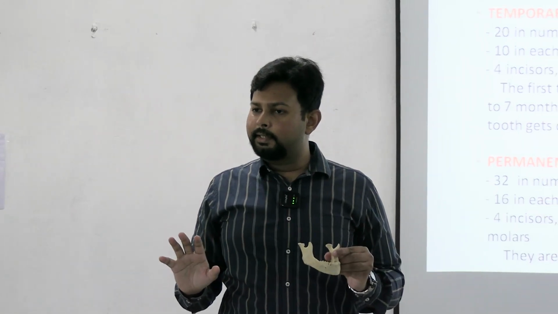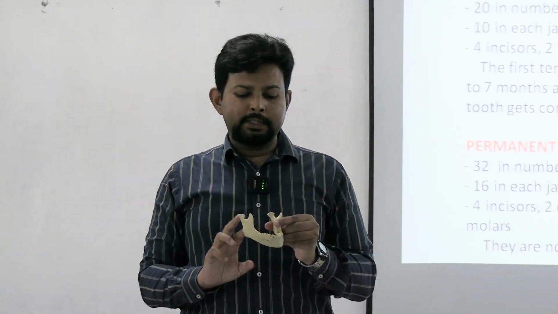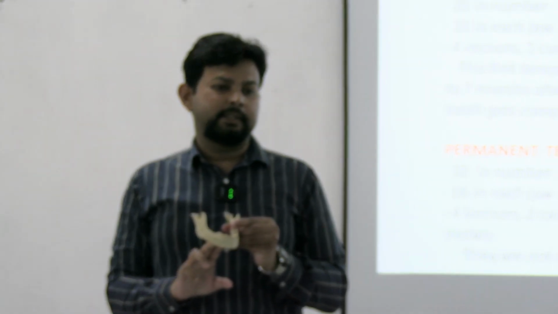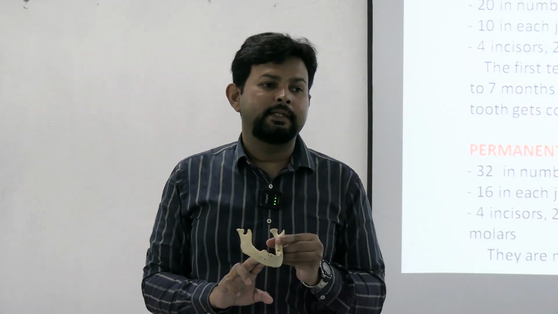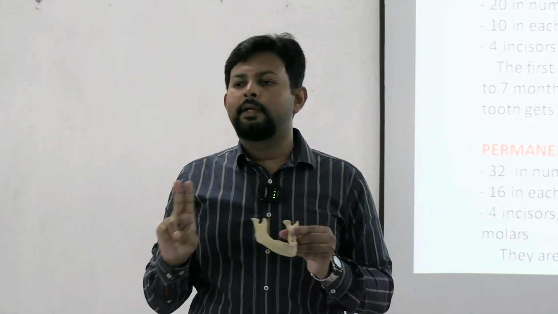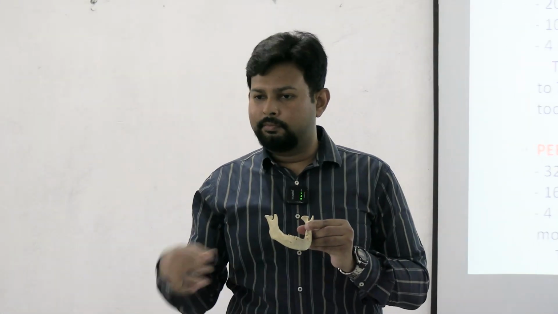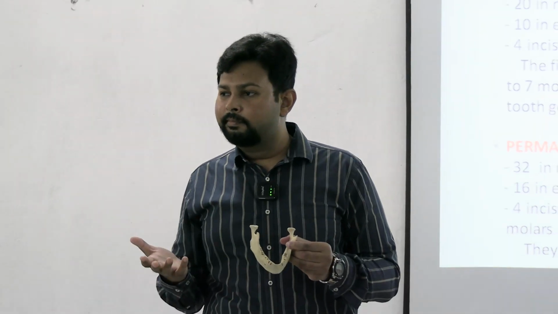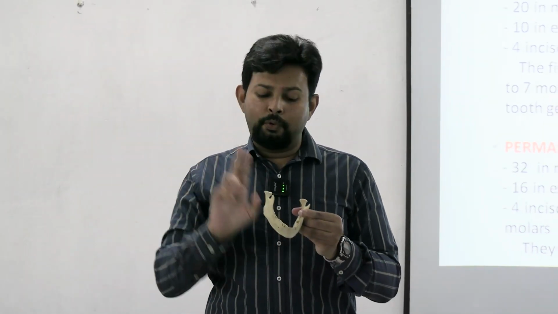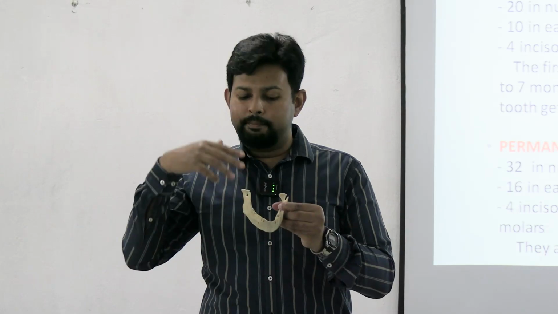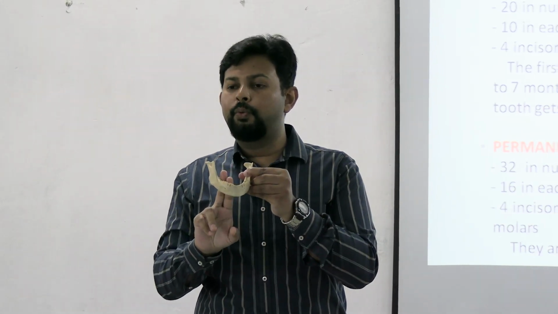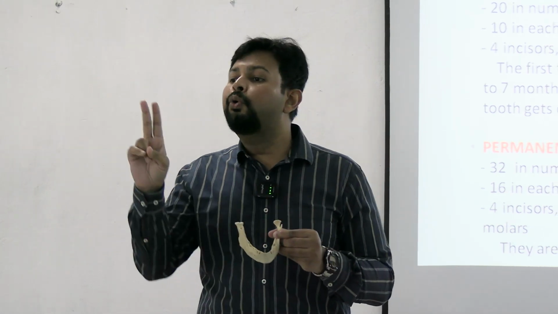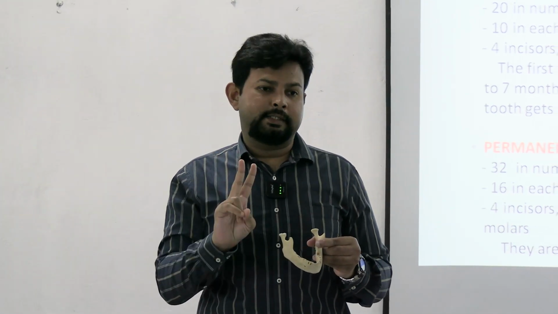Up till now it's clear, right? So what happens is the 2 molars of the children, they will fall off. So in their place, what rises up? In place of these 2 molars of children, what will rise? 2 premolars of the adult.